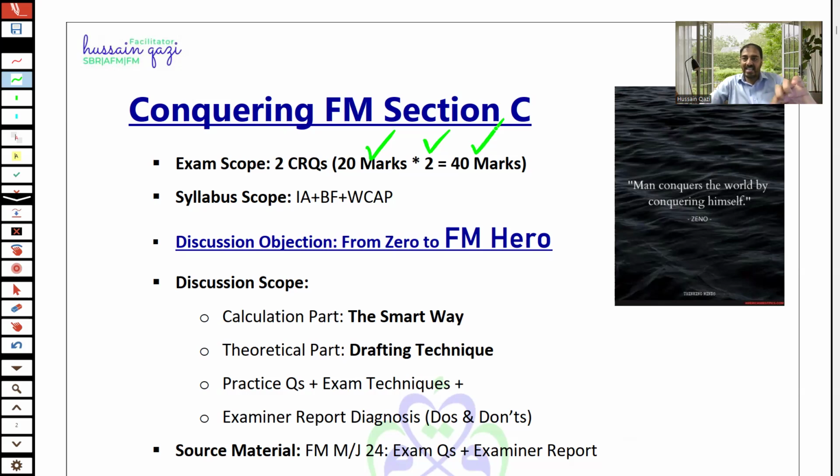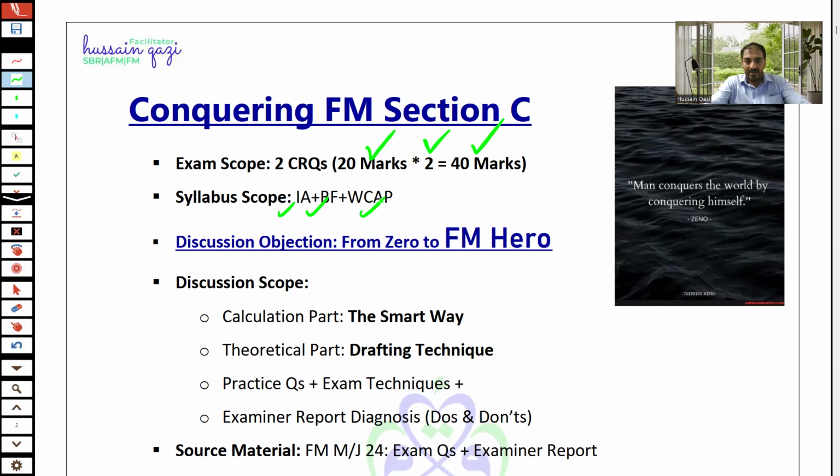Number 2, the examiner examines the syllabus scope, either investment appraisal, business finance, or working capital. So you must be aware that for a section C type question, the examiner can examine anywhere in the syllabus.